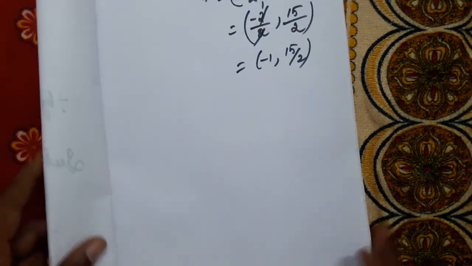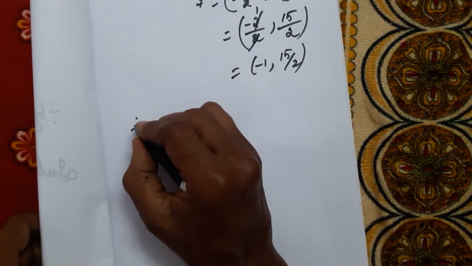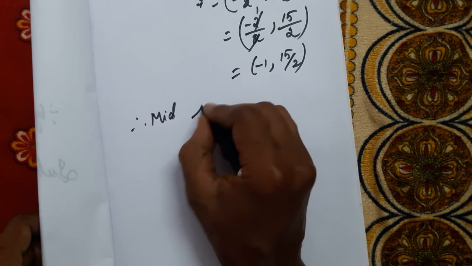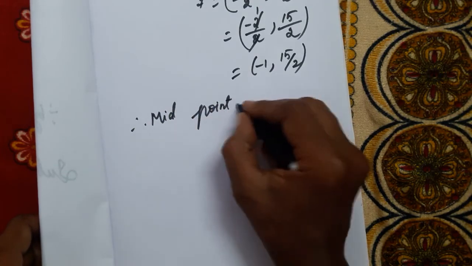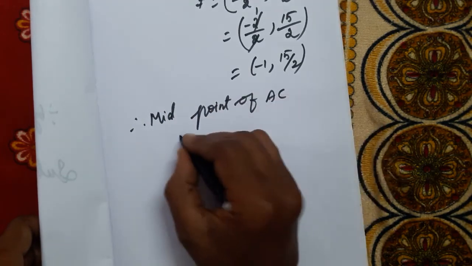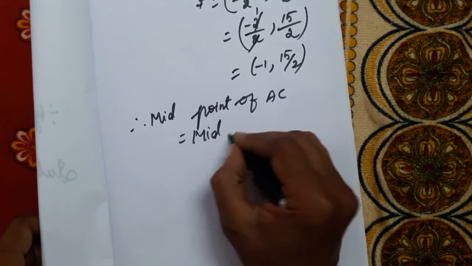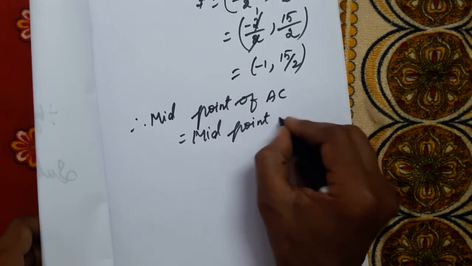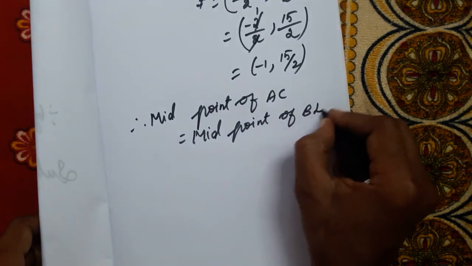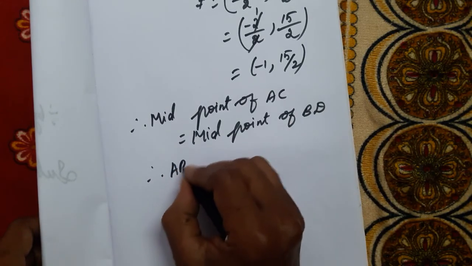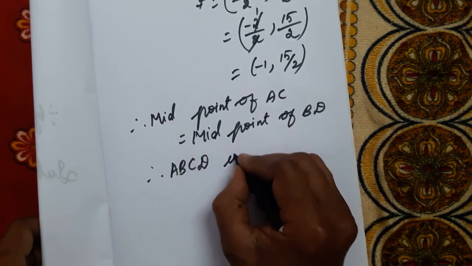Here we are getting the midpoint of AC equal to the midpoint of BD. Therefore, ABCD is a quadrilateral.